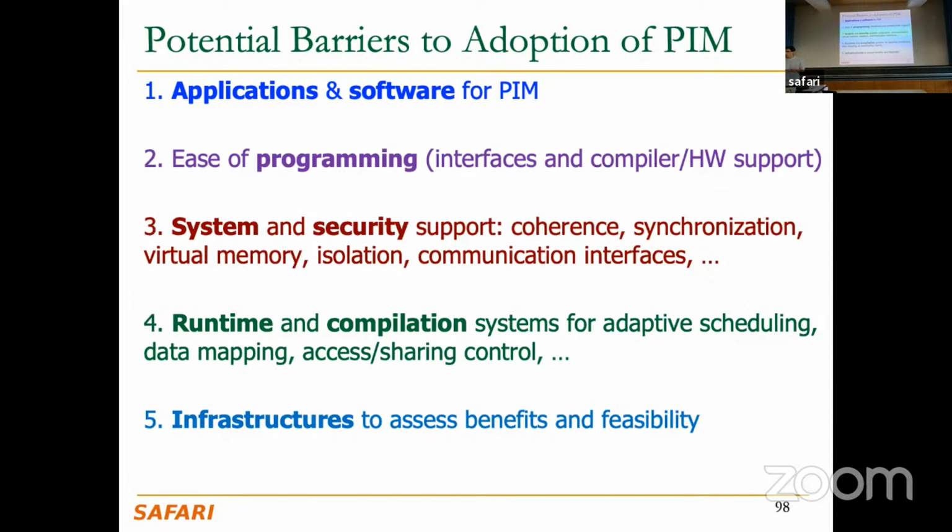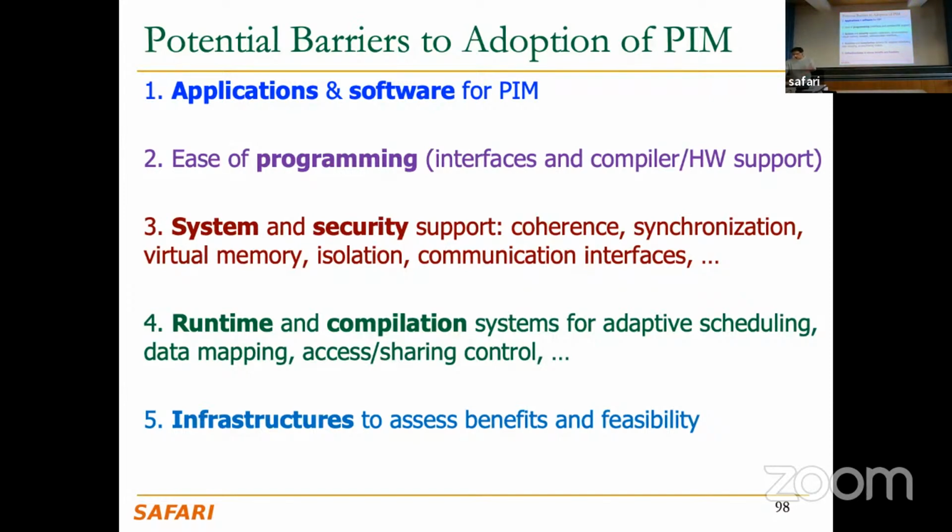Starting from applications and software, we need to know what applications can benefit from processing in memory, and we need to develop the corresponding software for processing in memory systems. Programming these systems might not be trivial, so we have to put effort into making programming easier, both programming interfaces, but also compiler or even hardware support.